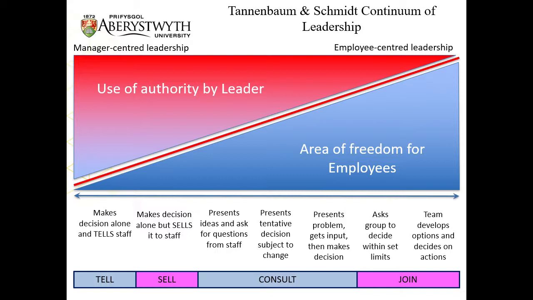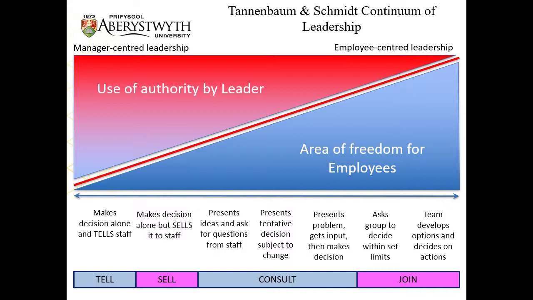So as we move along the continuum from tell through sell, consult and finally join, the use of authority by the leader diminishes and the area of freedom, of power, if you like, for the employees increases.